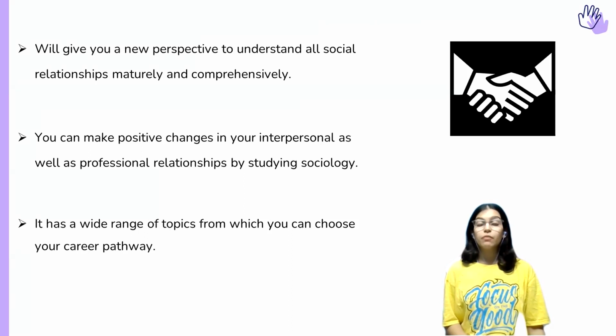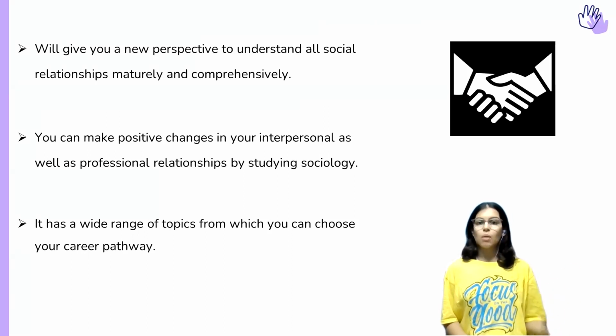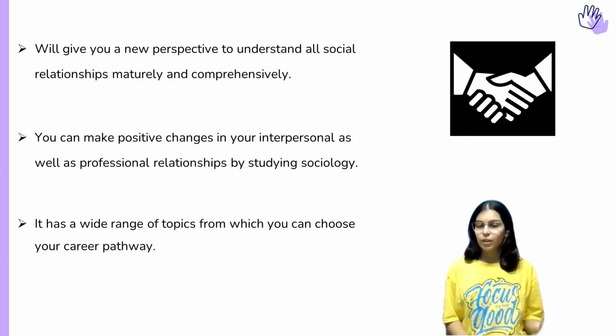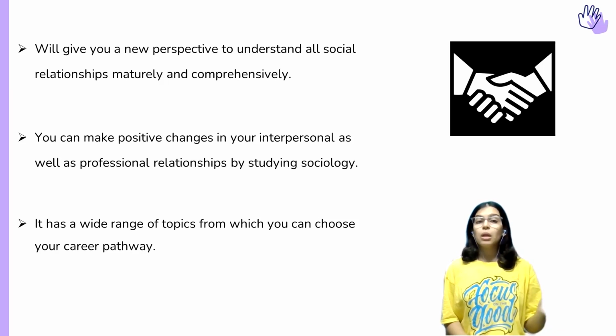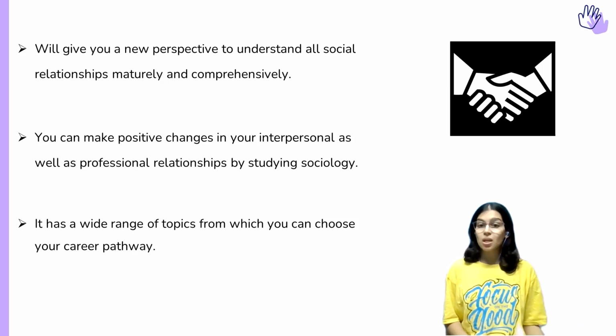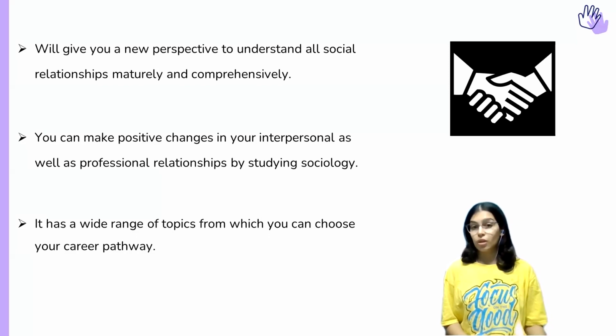Moving forward, it will give you a new perspective to understand all social relationships maturely and comprehensively, which is very important. And you can make positive changes in your interpersonal skills as well as professional relationships by studying sociology, because it is all about social behavior.